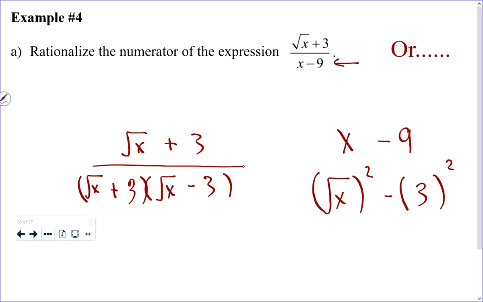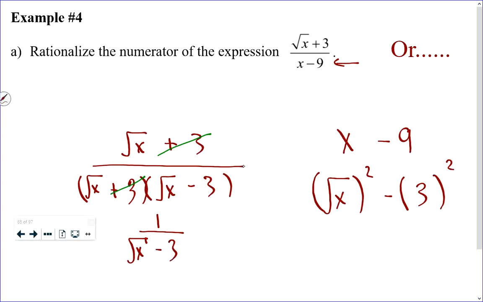Now, how quick is that to get to the answer compared to rationalizing? I'm not saying this is always the route you want to go. But you are no longer limited to perfect squares being things like 25 or r squared or r to the 8. I hope it's clear we're left with the same answer, 1 over root x minus 3.